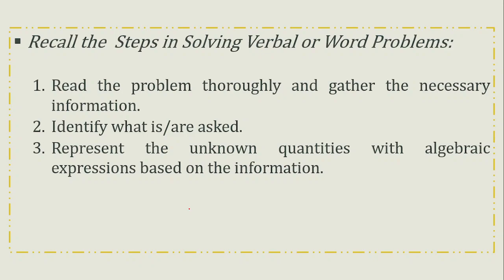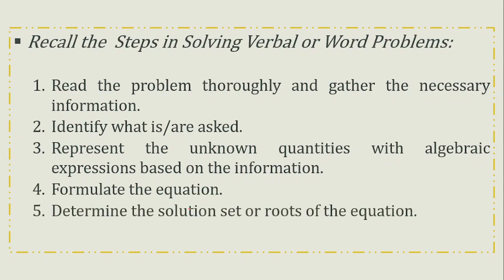For example, the age of your little brother. Let x be the age of your little brother when you are solving in math, right? You can't just write "the little brother is equals." You can simply use a variable. Okay, let's continue. Number 4, formulate the equation. Number 5, determine the solution set or roots of the equation. And number 6, check the roots.